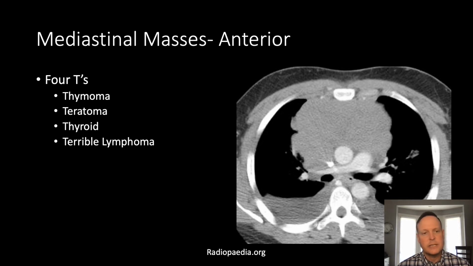There are characteristics in some of these, such as teratoma containing fat and calcification, that could suggest that it's a teratoma, but often you'll encounter these malignancies that are just soft tissue density, and distribution can help with that, along with other sites that are affected.